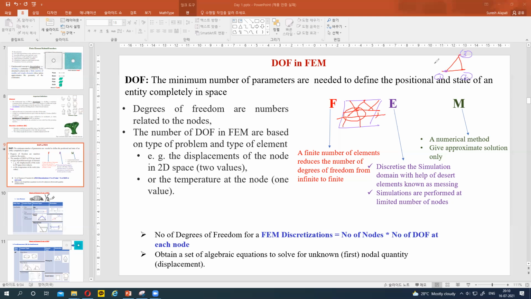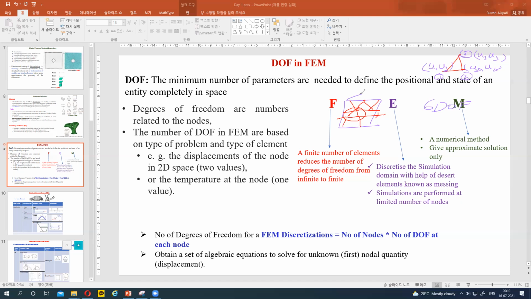At each node we have to find 2 displacements: u1, v1, u2, v2, and u3, v3. So in total how many degrees of freedom? 6 degrees of freedom. That element has 6 degrees of freedom, 2 at each node.